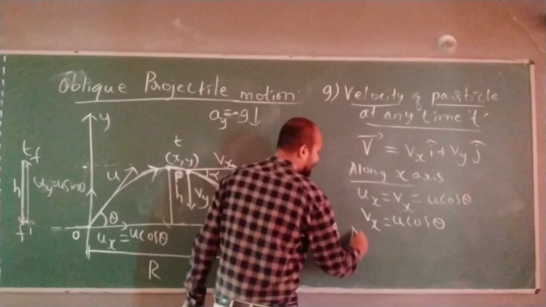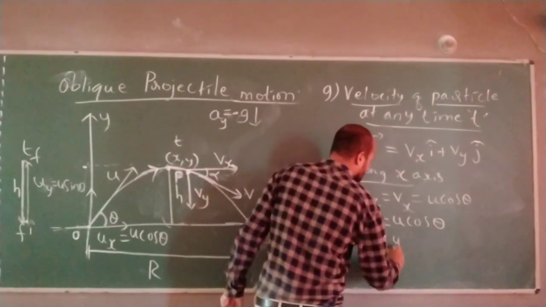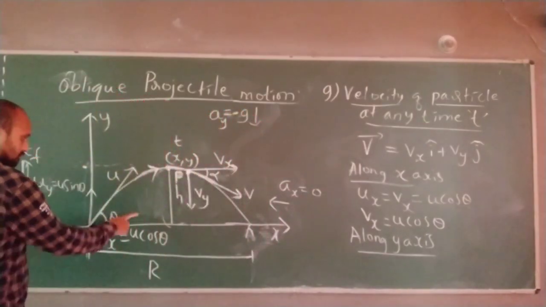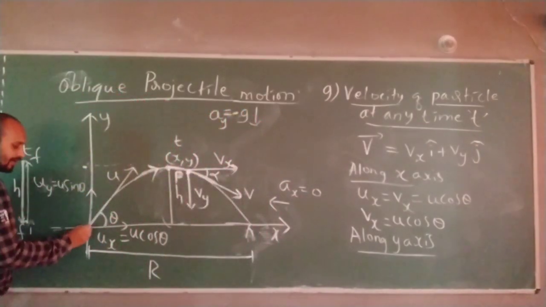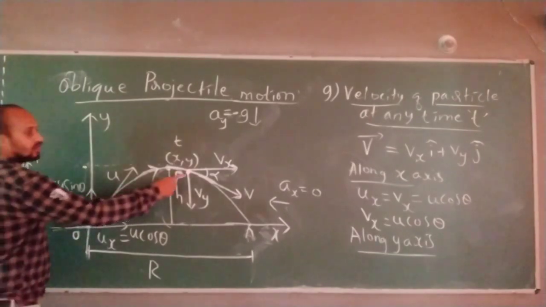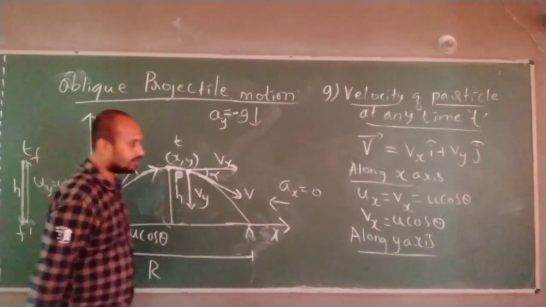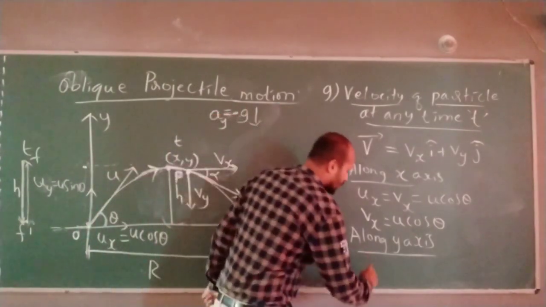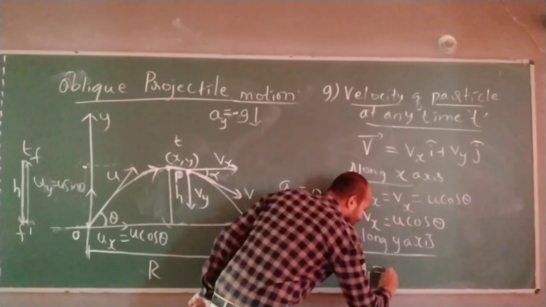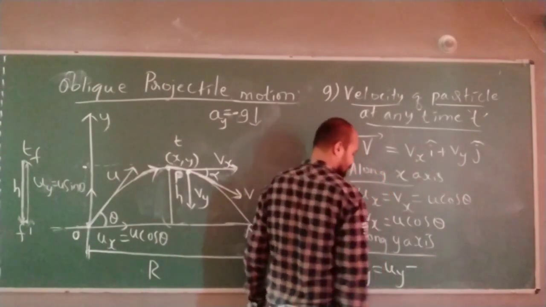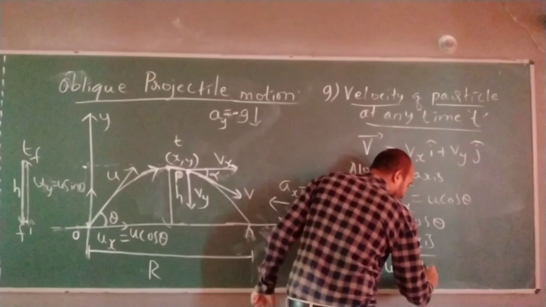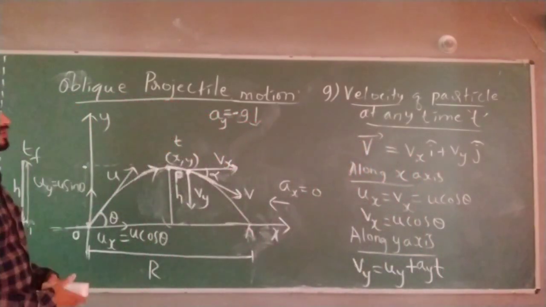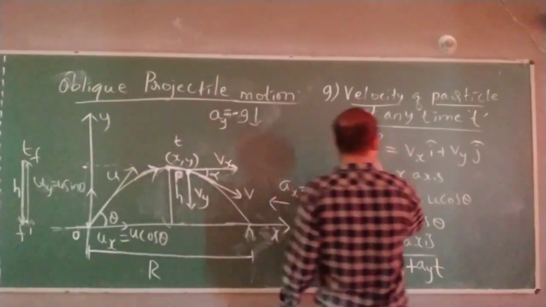Correct? Now, let us analyze along the y-axis. Initial velocity is u sin theta. Final velocity is downward, so there is an acceleration acting. Using the equation vy is equal to uy plus ay into t along the y-axis, I can write the velocity at any time t.